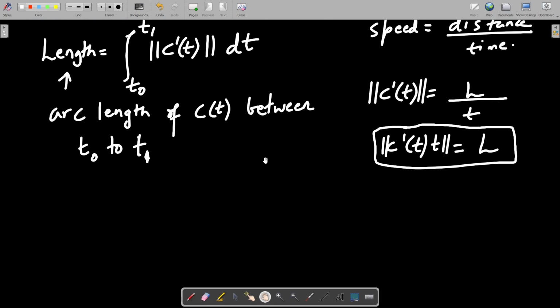Let's work out an example before proceeding further. Before going further, definition.